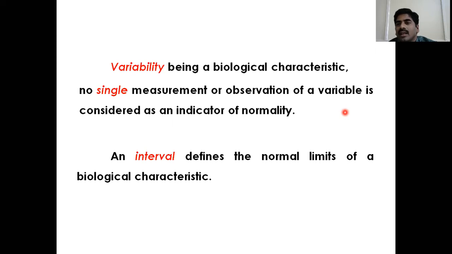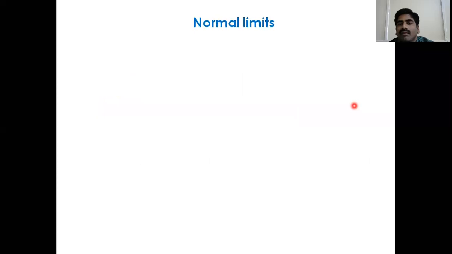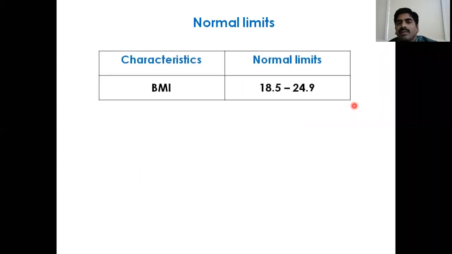For all, like the hemoglobin normal limits, any normal limits, one minimum value is there, a maximum value is there, one interval is there, not a single value. How to derive normal limits and what is behind normal limits, I will explain in this lecture. So it is the normal limit. Actually, here BMI normal limits are 18.5 to 24.9.